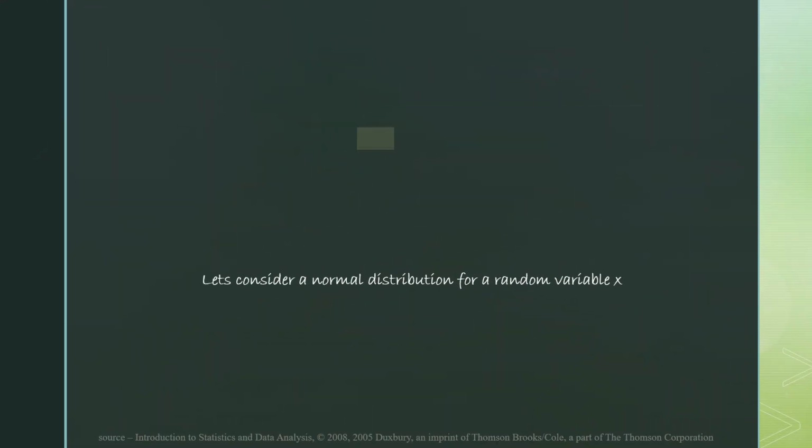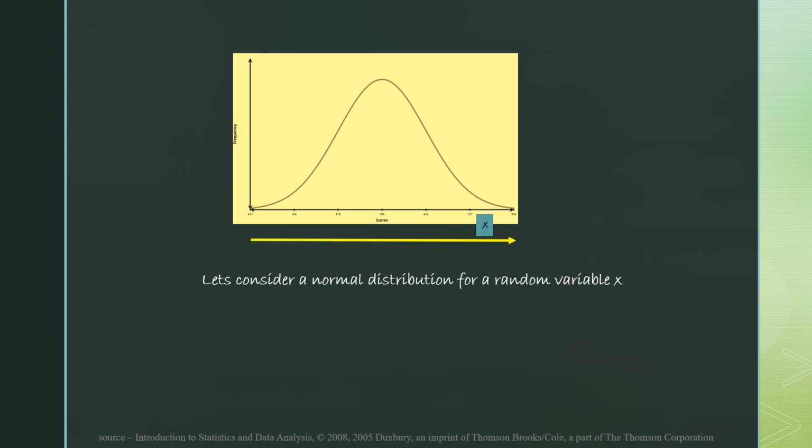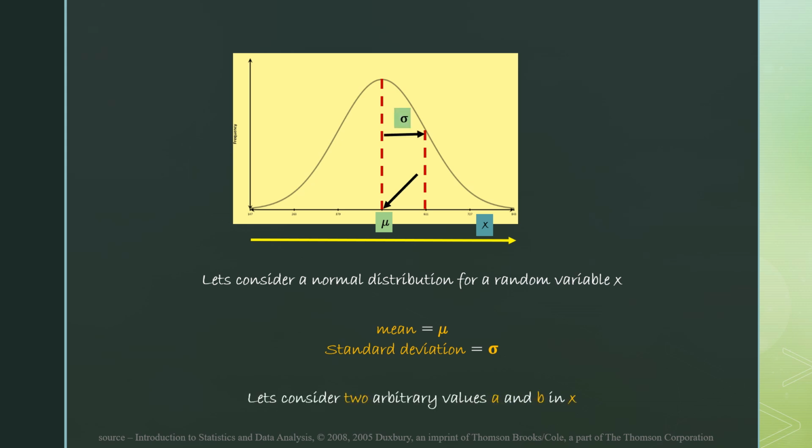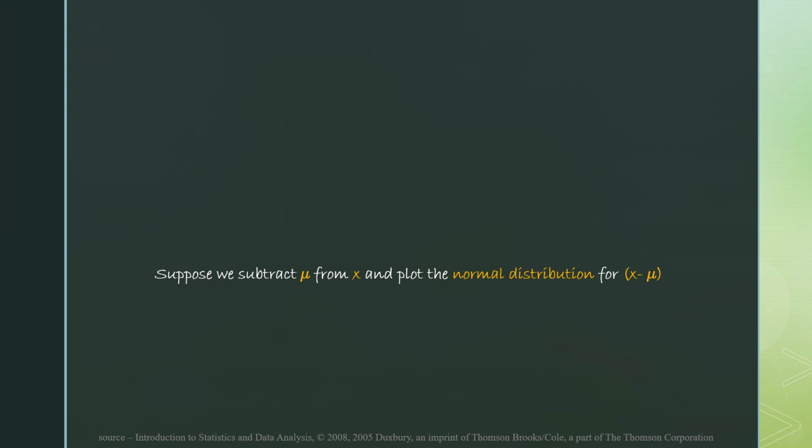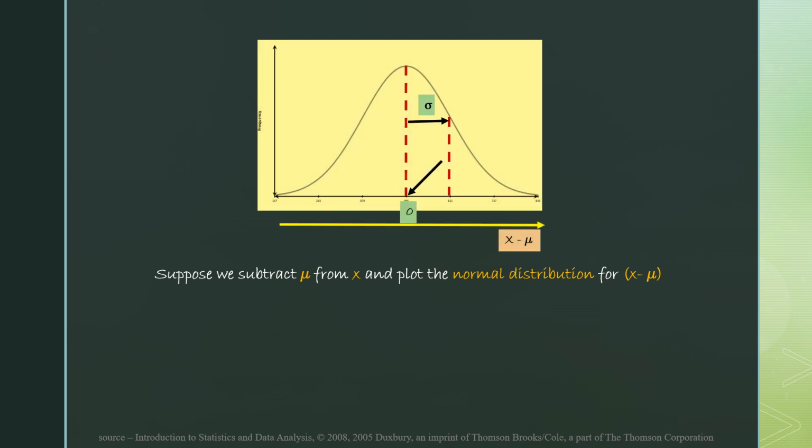Let's consider a normal distribution for a random variable x with mean equals mu and standard deviation equals sigma. Let's consider two arbitrary values a and b in x. Suppose we subtract mu from x and plot the normal distribution for x minus mu. We have this.